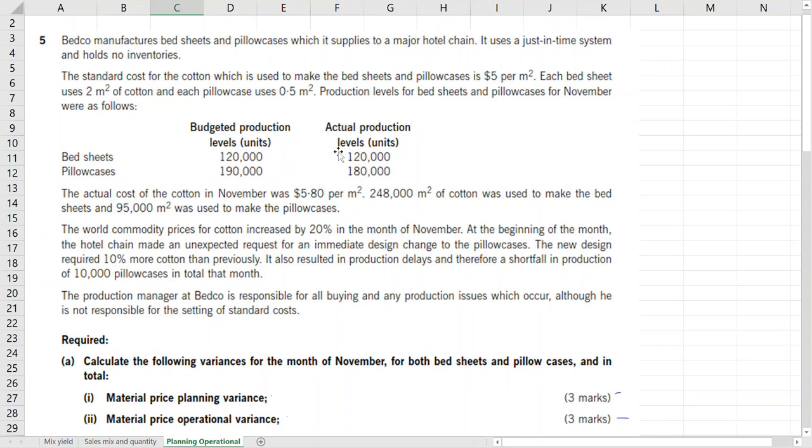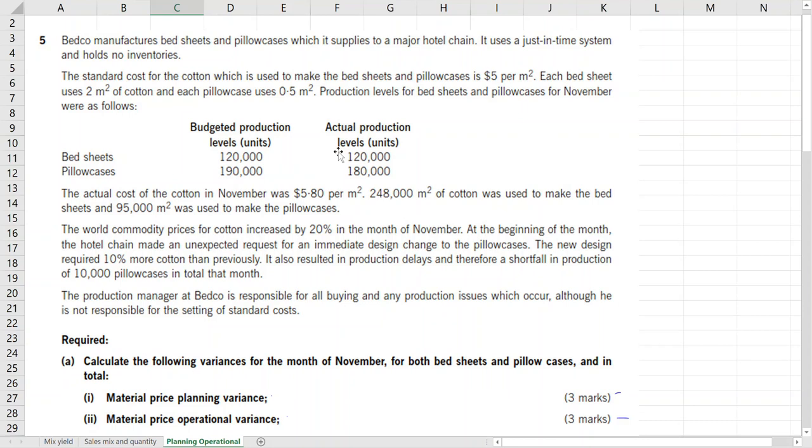The actual cost of the cotton in November was $5.8 per square meter. 248,000 square meters of cotton was used to make the bed sheets and 95,000 square meters was used to make pillowcases. The world commodity prices for cotton increased by 20% in the month of November. So prices changed in the whole world. At the beginning of the month, the hotel chain made an unexpected request for an immediate design change to the pillowcases.